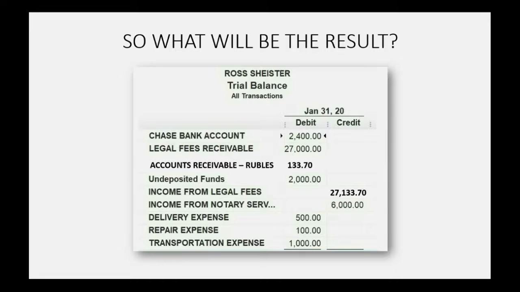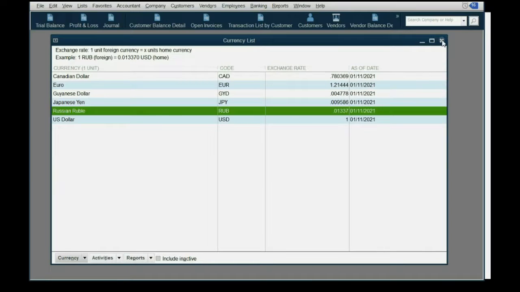And the dollar amount that is owed to us in rubles is $133.70. And that's what the trial balance will look like after we record this first invoice. So let's go ahead and make the invoice.